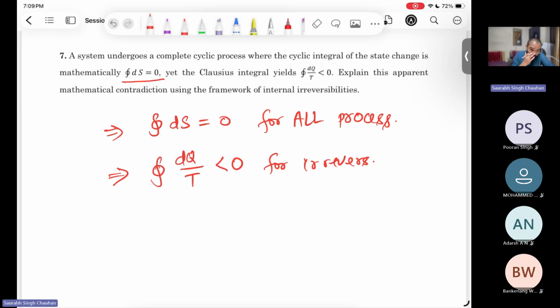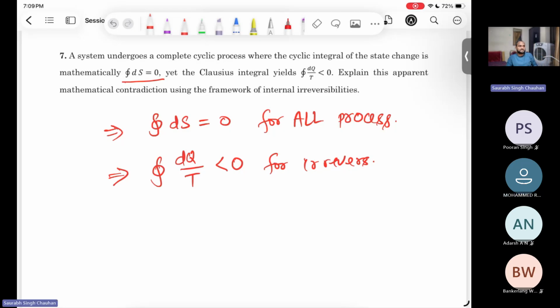So is this a contradiction or what? It doesn't seem any contradiction.